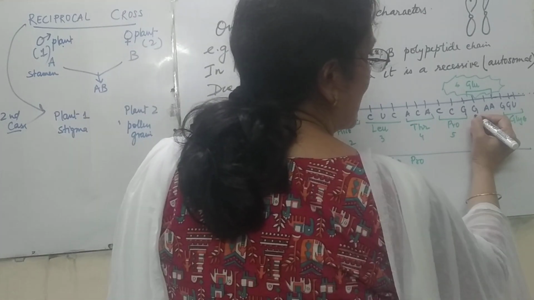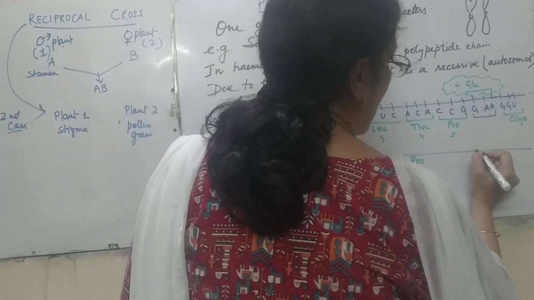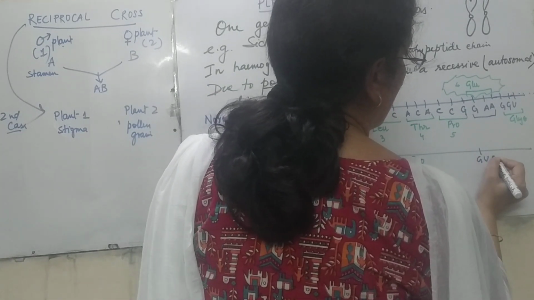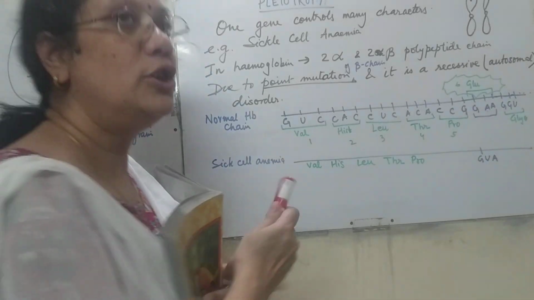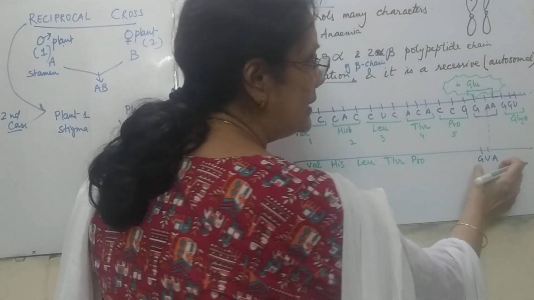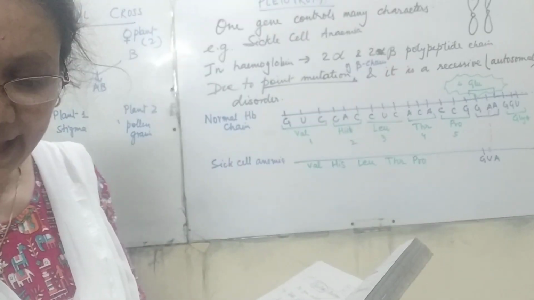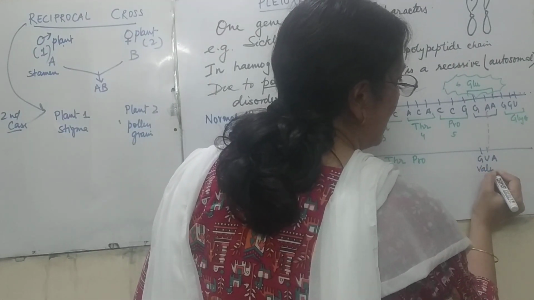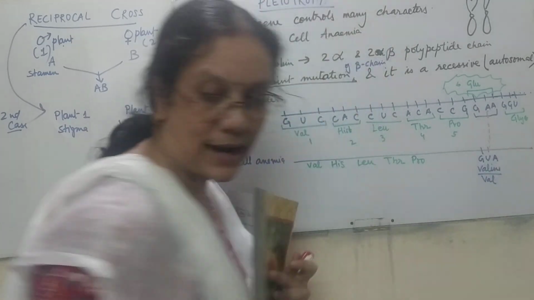The glutamic acid, that means this portion GAA, becomes GUA. That means this A is actually replaced by U, and this code changes, and now it is not coding glutamic acid, rather it has coded valine. Now this has become valine, VAL in short. And then again there is glycine.